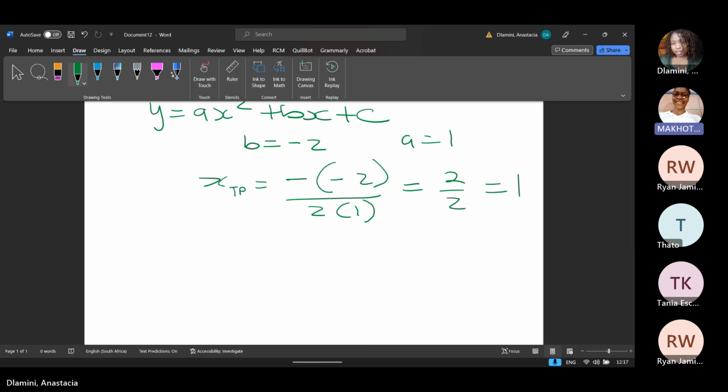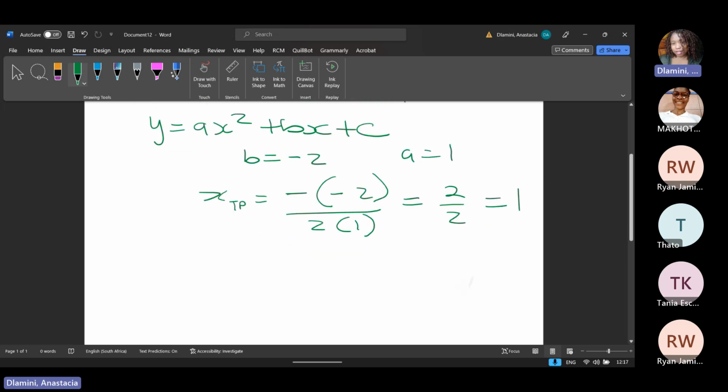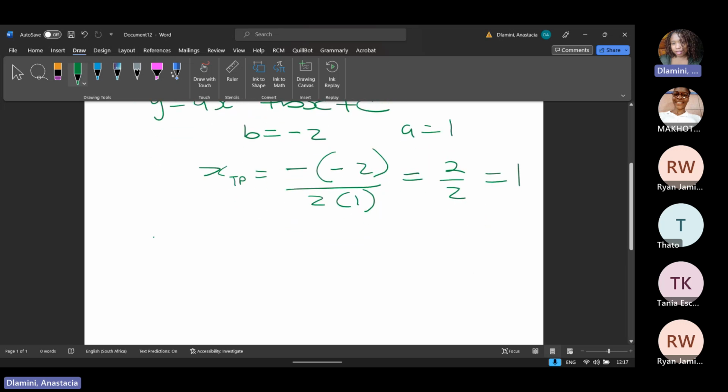Yes, ma'am. Now that we have found the x coordinate of the turning point, we can substitute into the original equation to get the y value of the turning point. Our original equation is y equals x squared minus 2x minus 3.